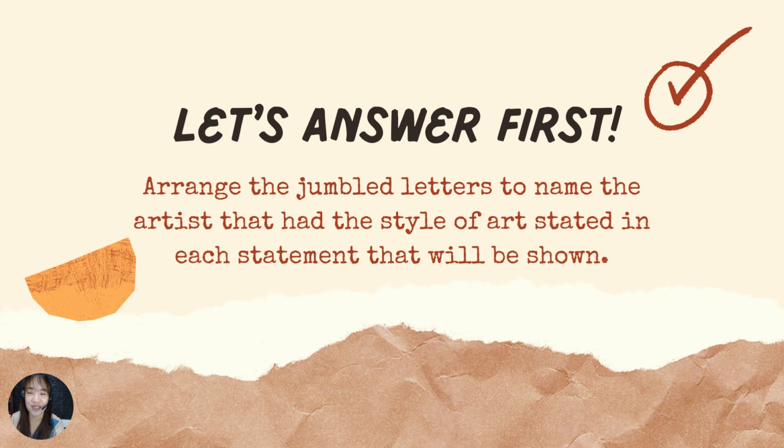We only have three statements, and of course three artists from the Impressionism movement. I want you to type down the names of these artists so that we can check later if you got three answers correct. Let's start with the first one.